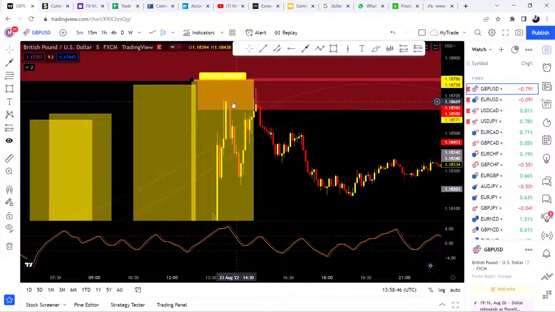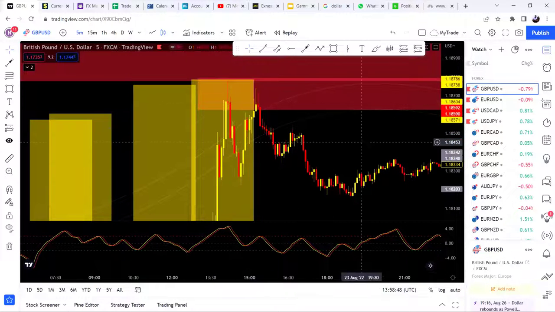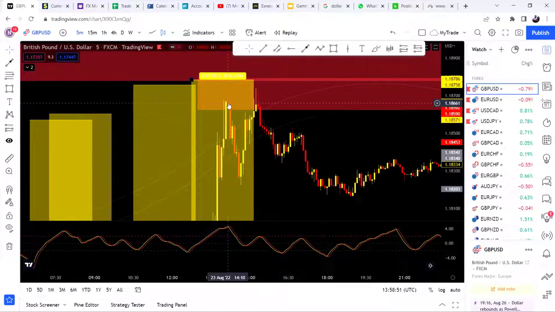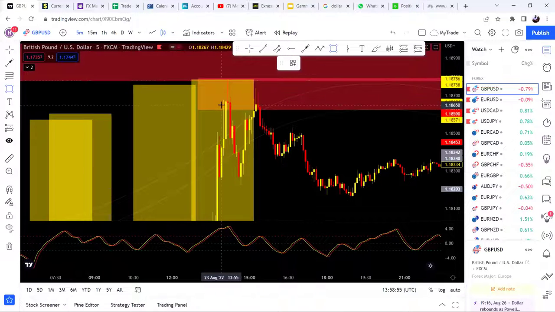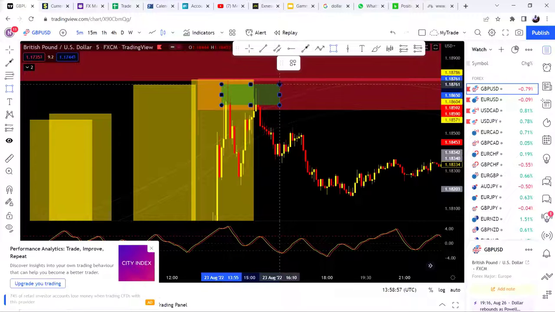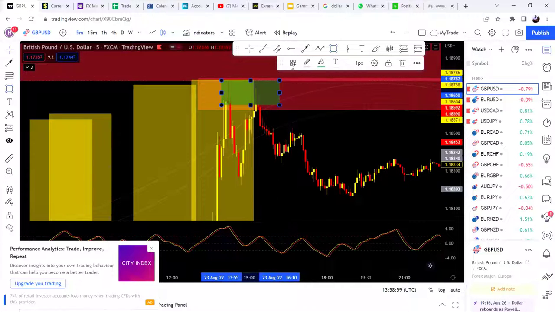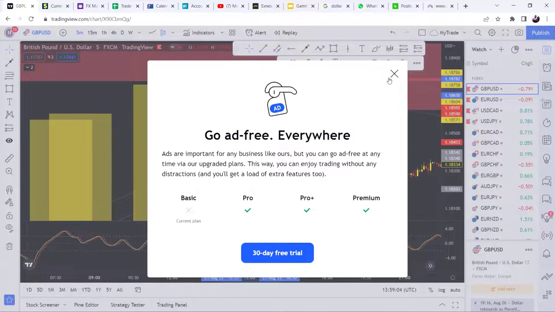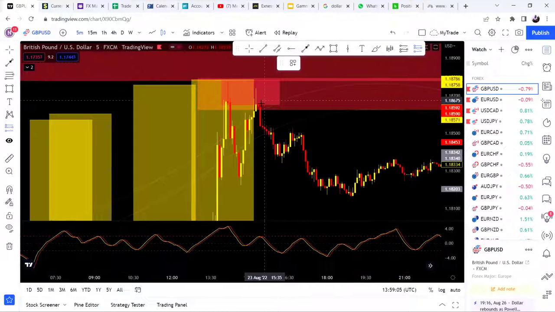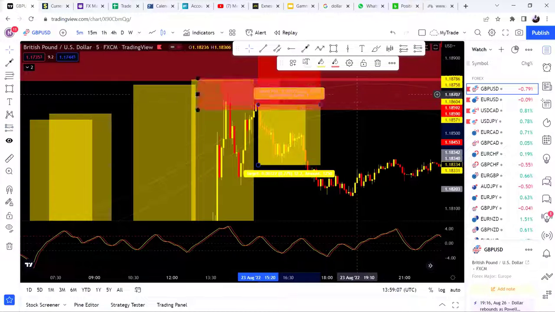And price gave this nice rejection candle here. But this trade, I took it, but I waited for price to come and retest that zone again. That's how I took the trade, and I entered with a limit order.